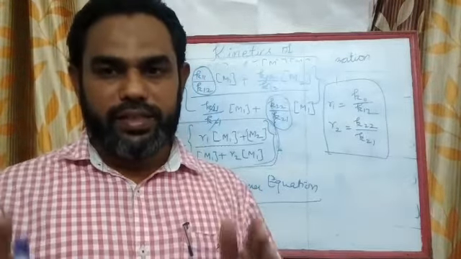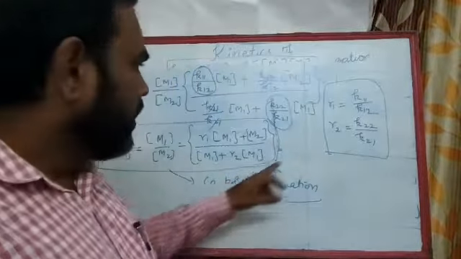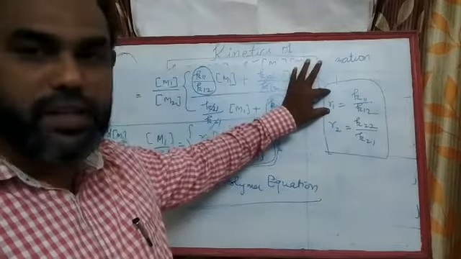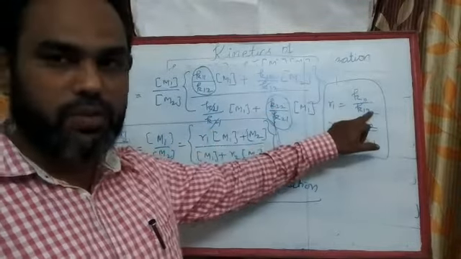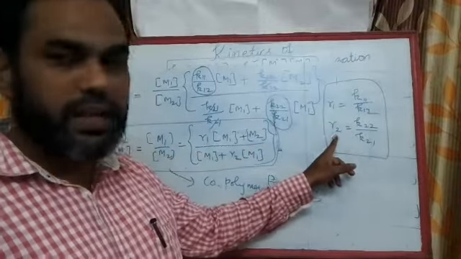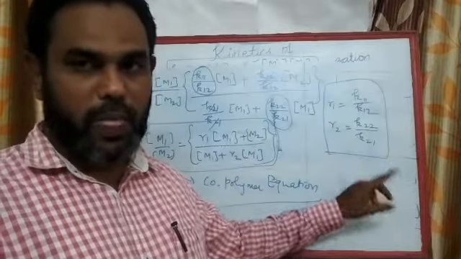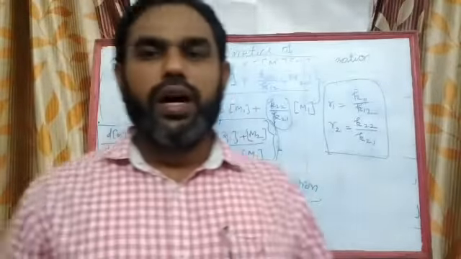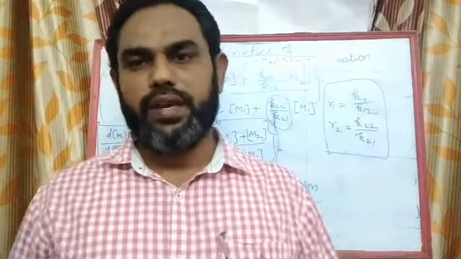In the copolymer equation, you have the two values R1 and R2. R1 is the reactivity ratio of the first monomer to the second monomer. R2 is the reactivity ratio of the second monomer to the first. From these R1 and R2 values, different copolymer systems can be ascertained.